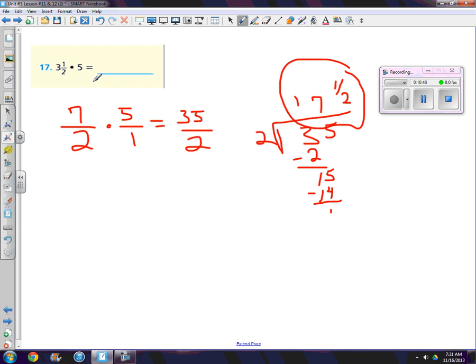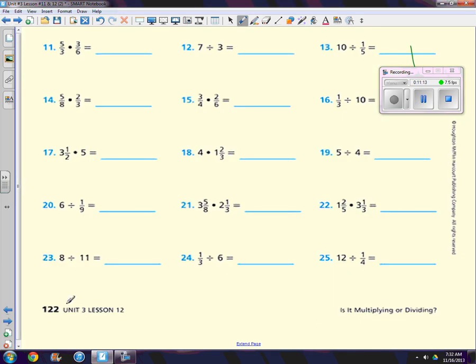But now remember, you're also taking 1/2 times 5 as well. 5 halves and 5 halves make 2 more, so that's where you get the 17, and then you get the half, for 17 and a half.